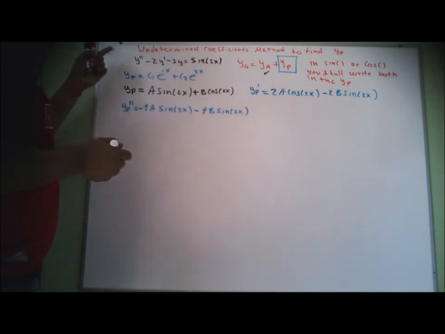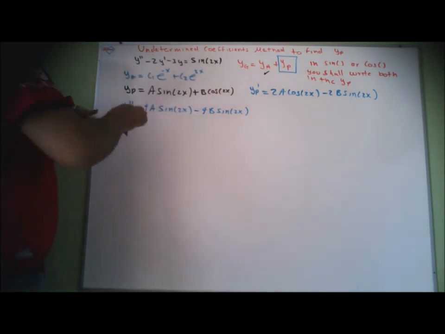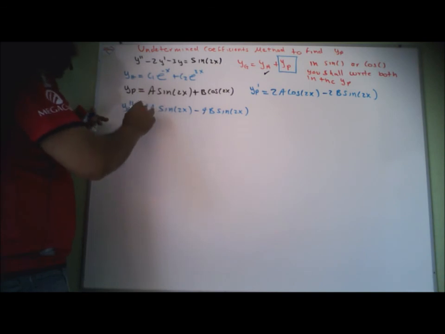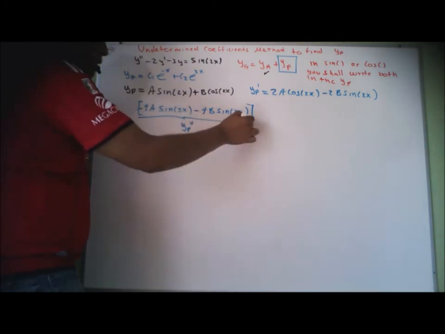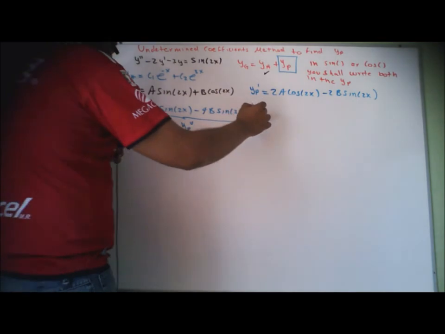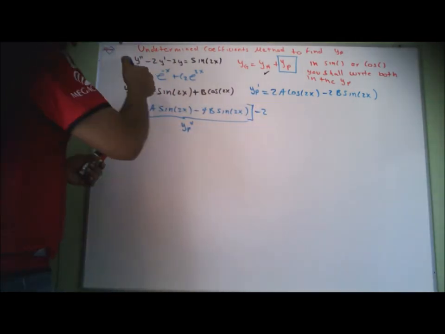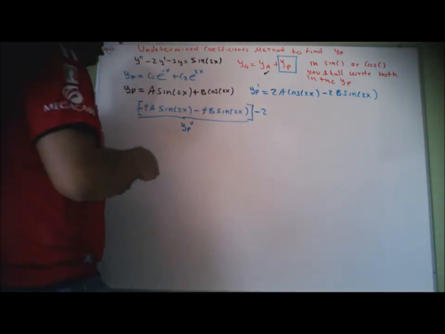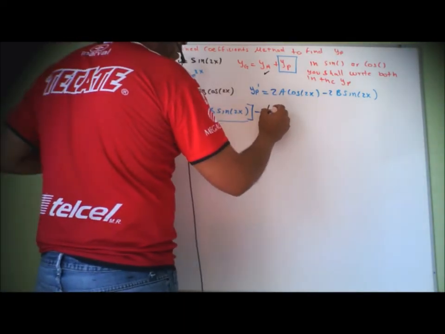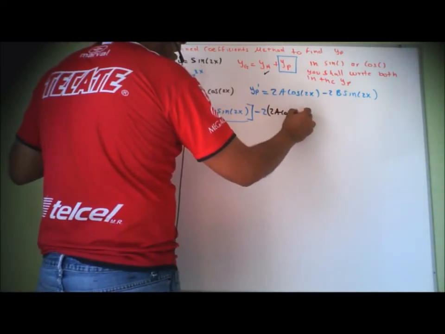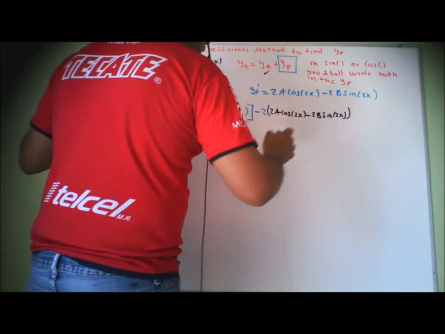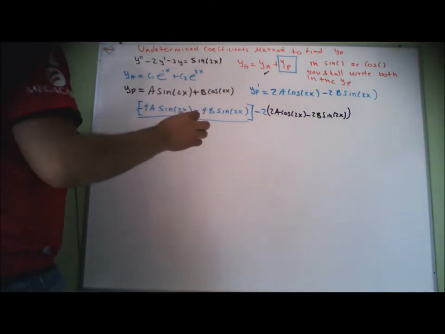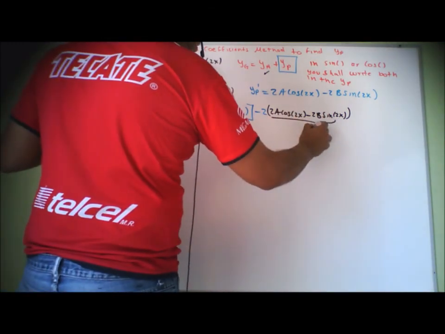So let's replace in the differential equation. Here you have the second derivative, I'm going to take it from here. And then minus 2 times the first derivative, 2a cosine of 2x minus 2b sine of 2x, which is the particular solution's first derivative.